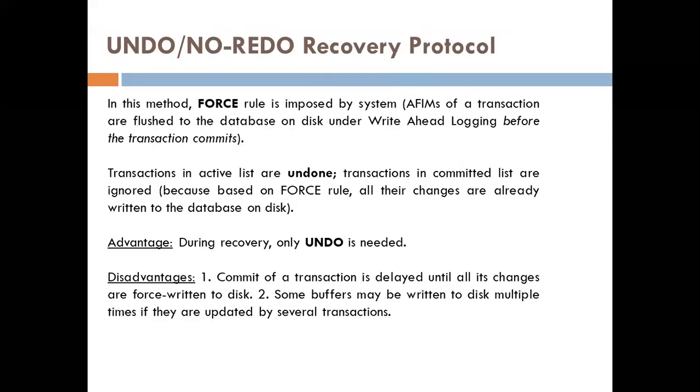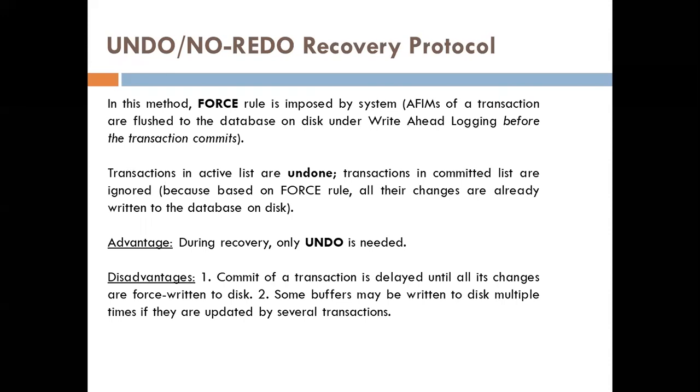In the force rule, if it is imposed, all AFIM transactions are flushed to the database on disk under write ahead logging before the transaction commits. So the transactions in the active list are undone.